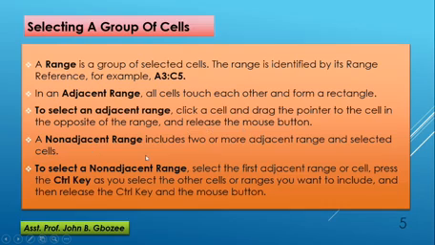A non-adjacent range includes two or more adjacent ranges or selected cells. To select a non-adjacent range, select the first adjacent range or cell, press the Control key as you select the other cell or range you want to include, and then release the Control key and the mouse button.